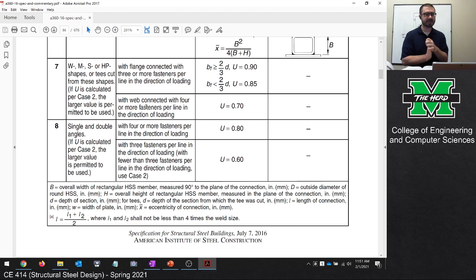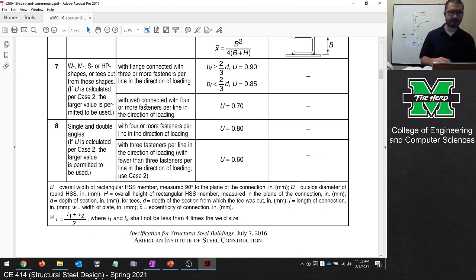Now, if we look at Case 8, we have a single angle with either 4 or more fasteners per line in the direction of loading, or 3 fasteners per line in the direction of loading. And for our angle in question, we have 3 fasteners per line in the direction of loading. So we're going to be using a U value according to Case 8 of 0.6.